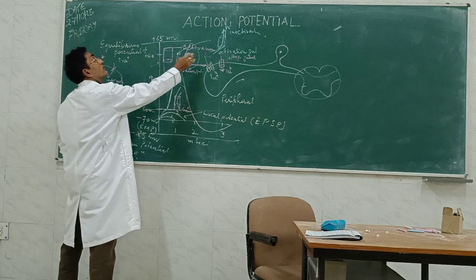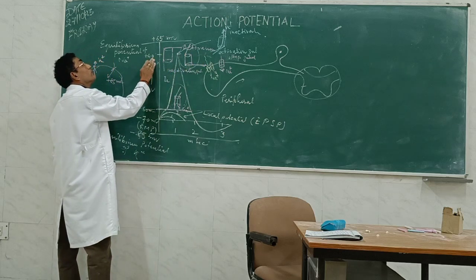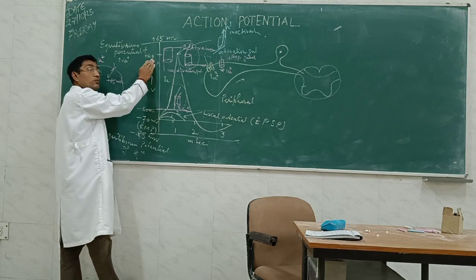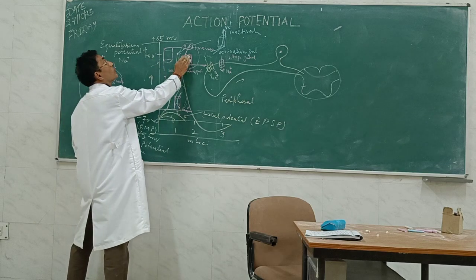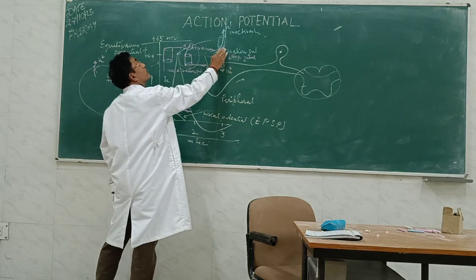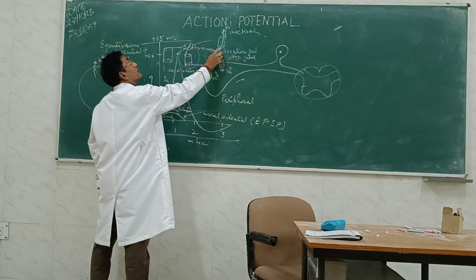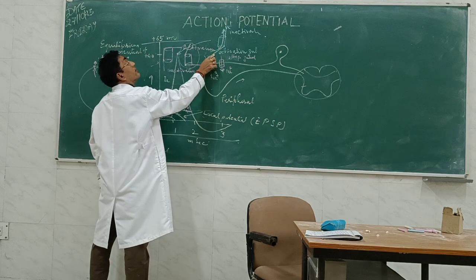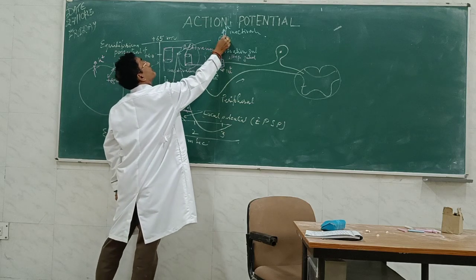So this is the state when the membrane potential becomes plus 40 millivolt: there is closing of the sodium channel and opening of the potassium channel. This activation gate remains open.